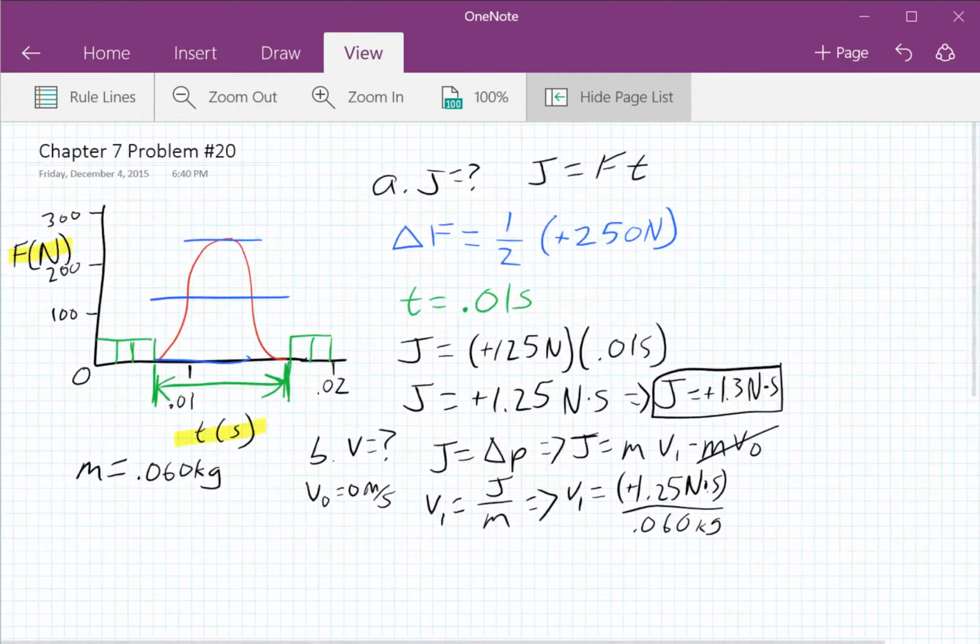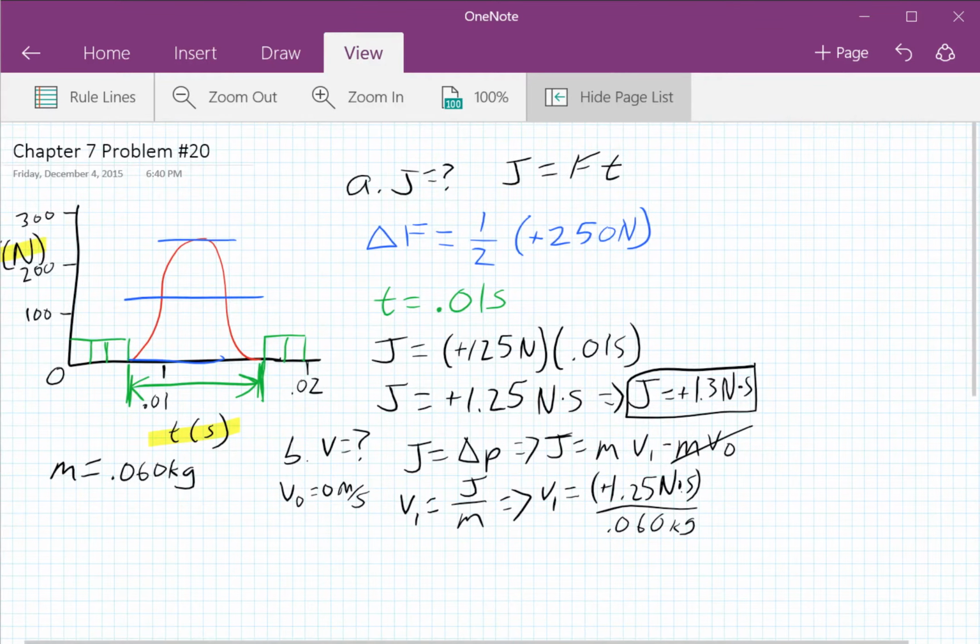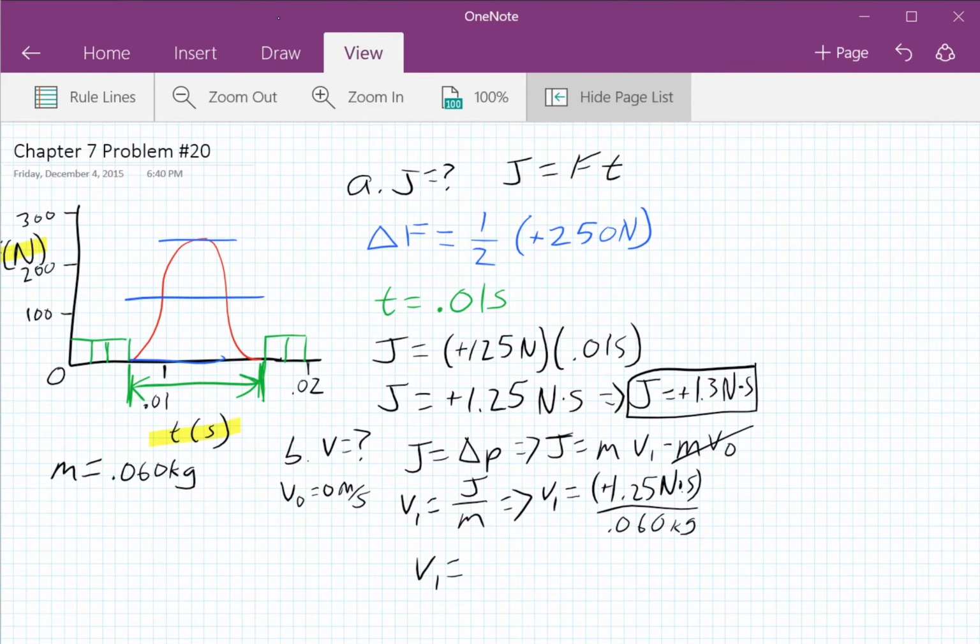Yeah, that's plenty of room. And so you get an answer. Let's do it here. You get an answer that's a positive 20.8 meters per second. And again, with 2 sig figs, you'd have positive 21 meters per second.